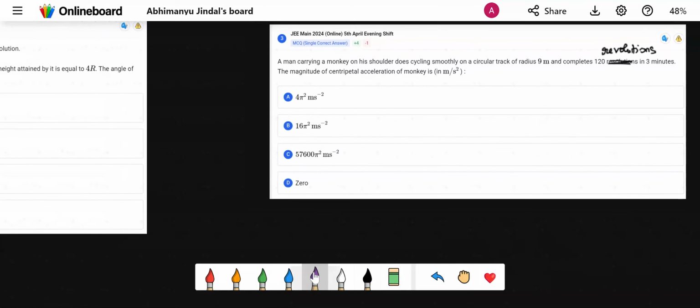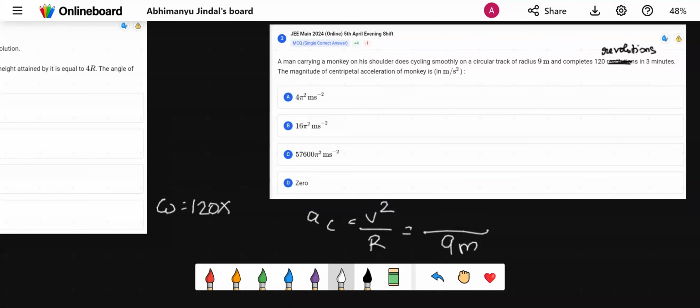Okay, so you know that centripetal acceleration is v square by r. Now the radius is 9 meter, and he completes 120 revolutions in 3 minutes, which means omega is 120 into 2 pi divided by 3 minutes, which is 180 seconds.